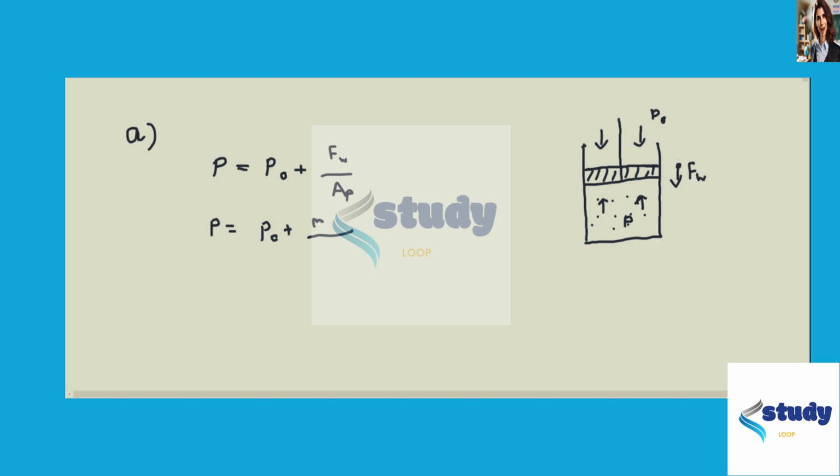Mass of the piston times the gravitational acceleration. And what is the area of the piston? When the piston is of circular shape, it is pi times r squared. Therefore, this is the final expression for the pressure under static conditions, when the piston is not moving and the pressure P equalizes the pressure P0 and the pressure coming from the force of weight.